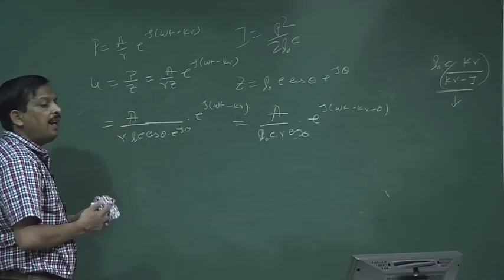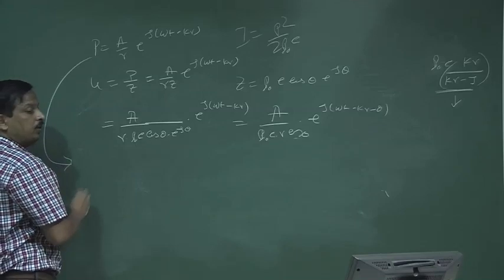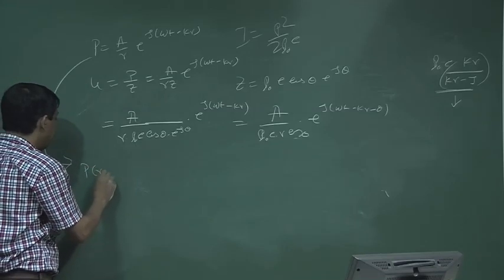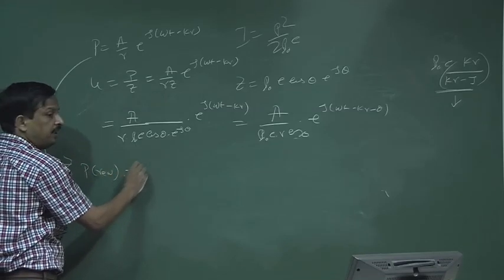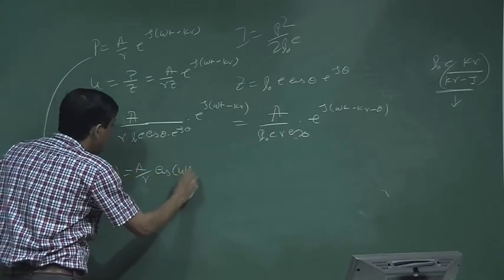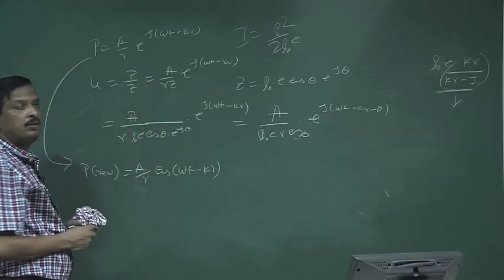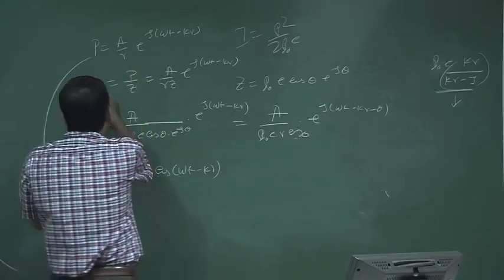So, what is the real part of p? The real part of p is nothing but A by r cos(omega t minus k r). Okay. Now, what is the real part of u?